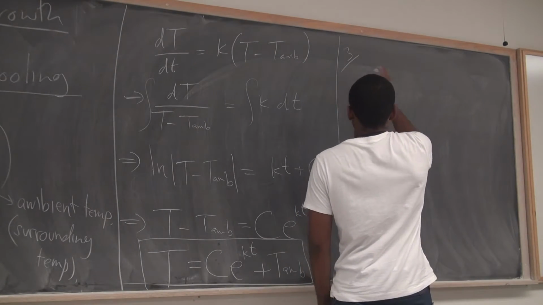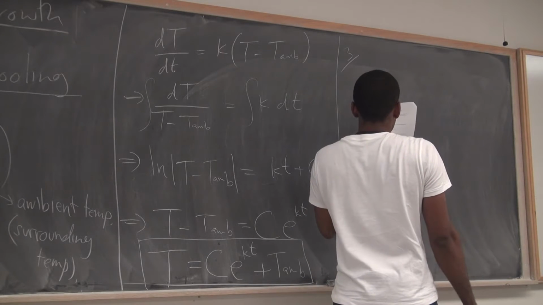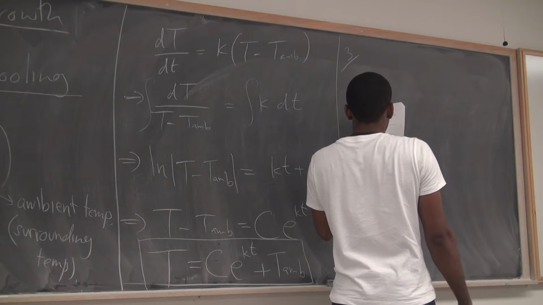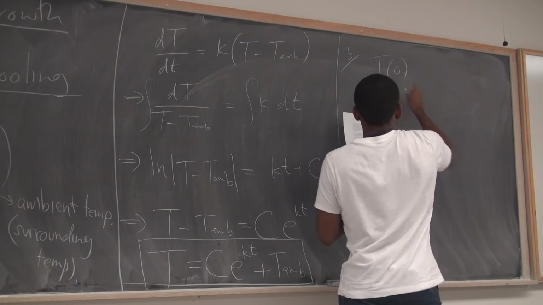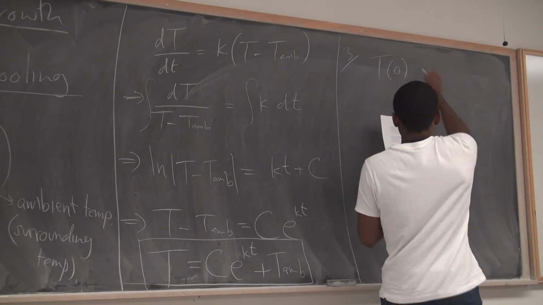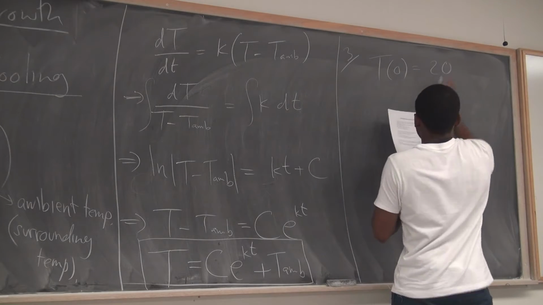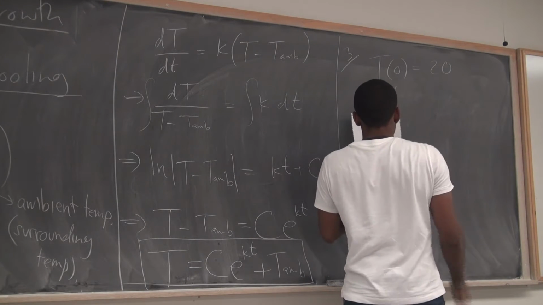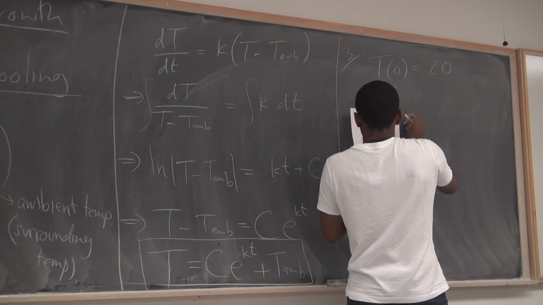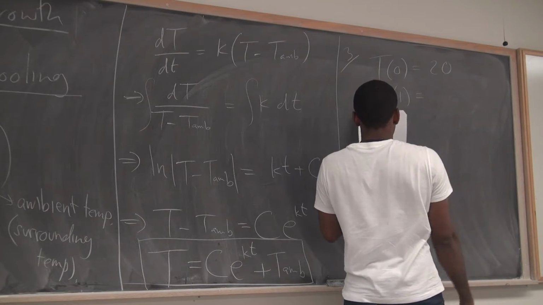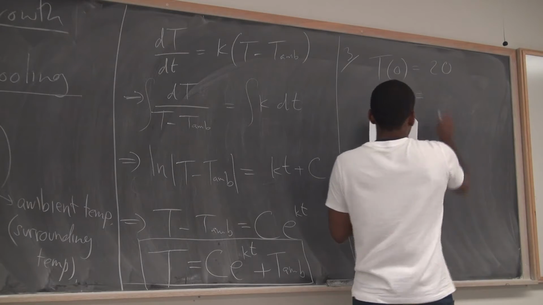So, what do we know? We're given some information. We know the temperature at time 0, in the beginning, is 20. We also know the temperature after 1 minute is 12.